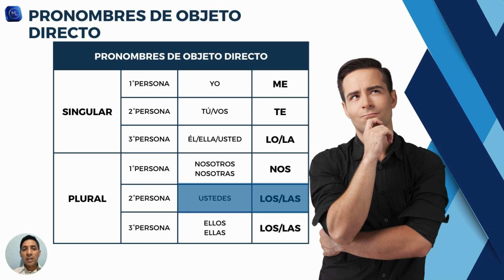Second person pronoun, ustedes, you guys, the pronoun would be los and las. Los for male, las for female, and for both genders, we're going to use los. Third person plural, the pronoun for they, that would be los, las, same thing as before with the gender.